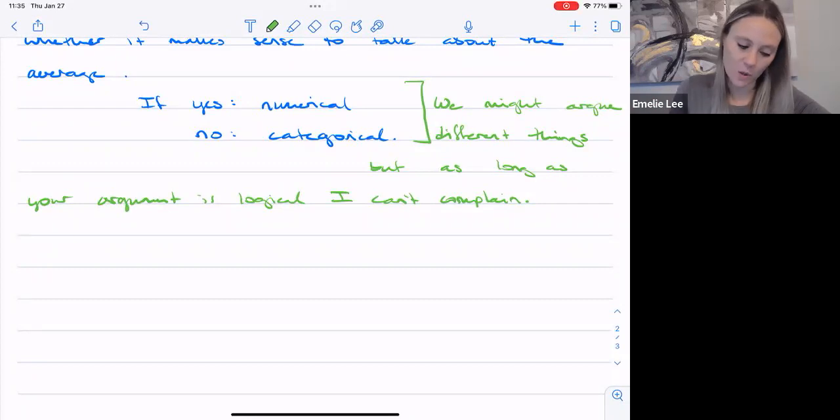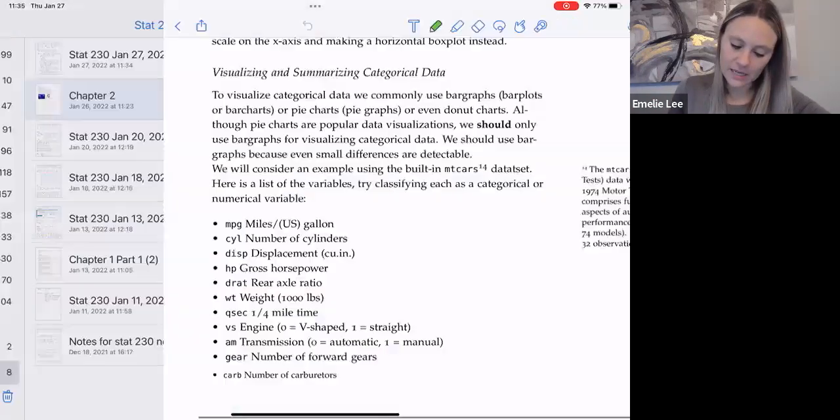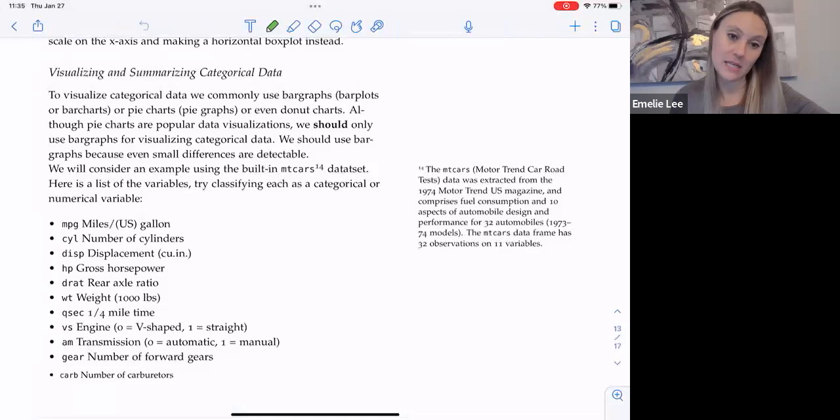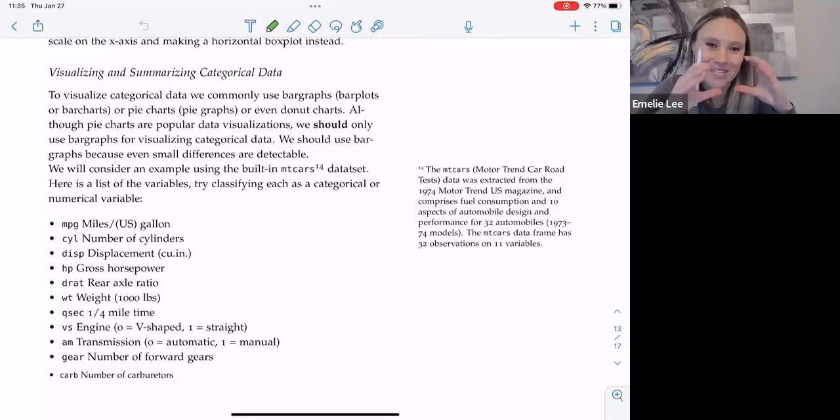Okay, and so in R, there are many built-in data sets. One of the most common ones, or there are lots of common ones, there's the iris data set, which is really common. There's the mtcars data set, and that's the one that we're going to look at today. It's just a really common data set because it's a small data set.